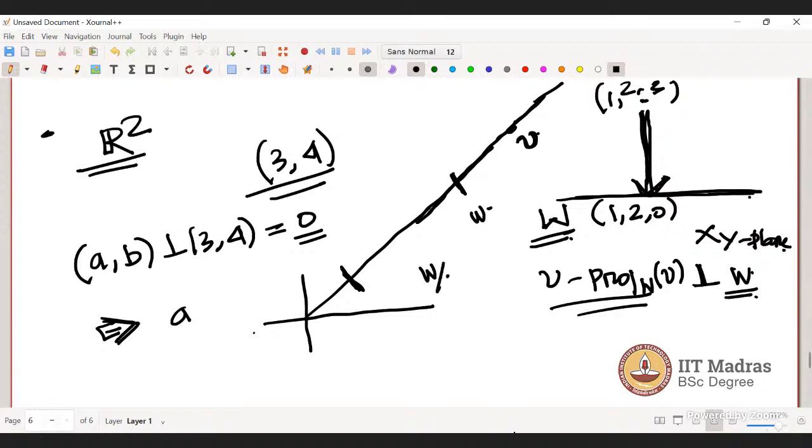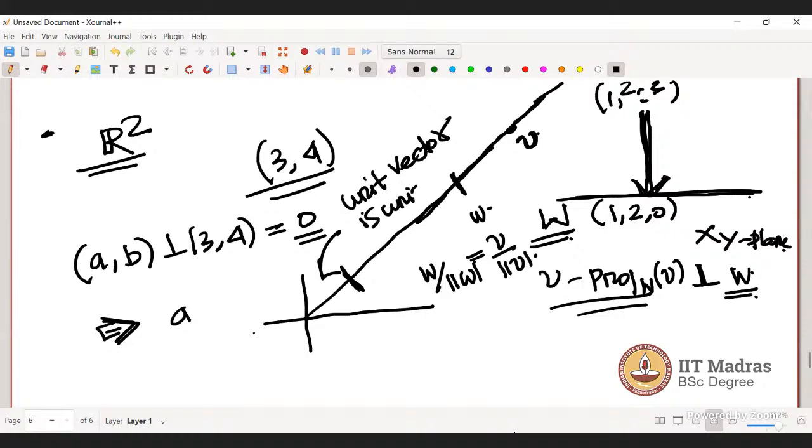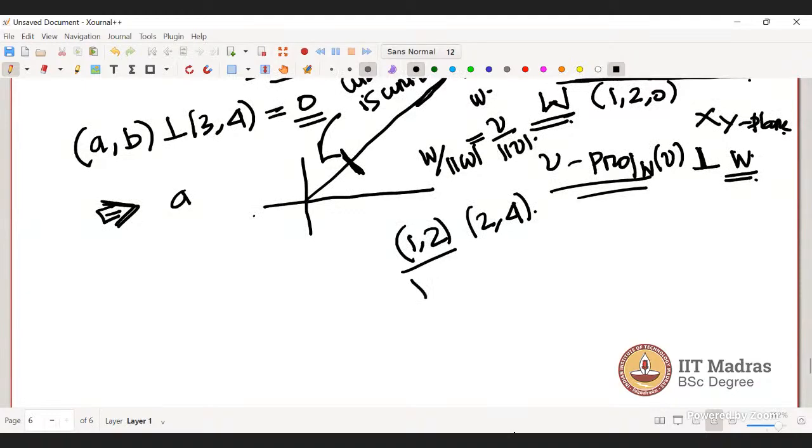So W by the norm of W is the same as V by the norm of V, because in this direction the unit vector is unique, since W is a multiple of V. If I take (1, 2) and (2, 4) and normalize them, I get (1, 2) divided by root 5 for both, so both are the same, right?